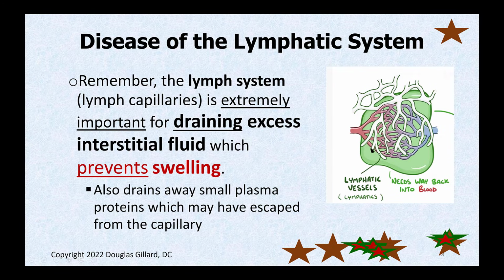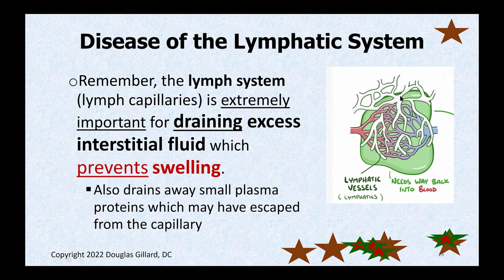Super important. But the question is, what happens if you get a beaver dam? Let's say the head is up here and the flow of lymph fluid is this way. What if you get a bug, or cancer, or a tumor growing in here? Well, it's a beaver dam.